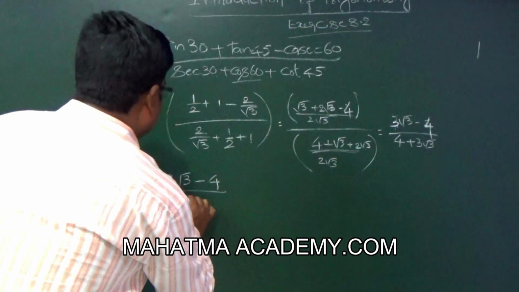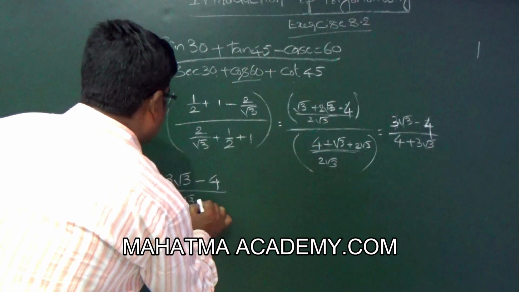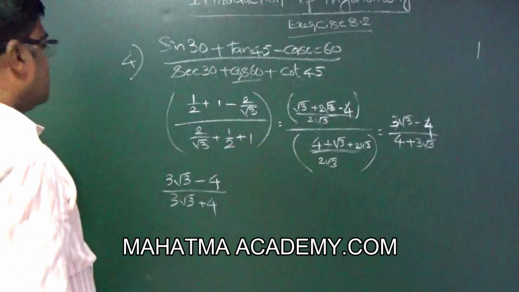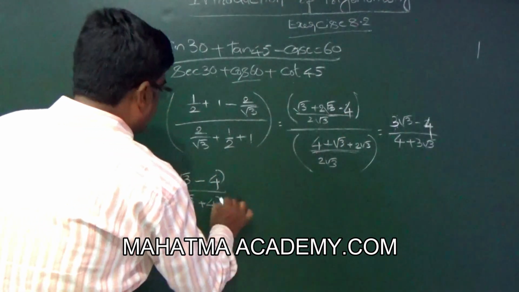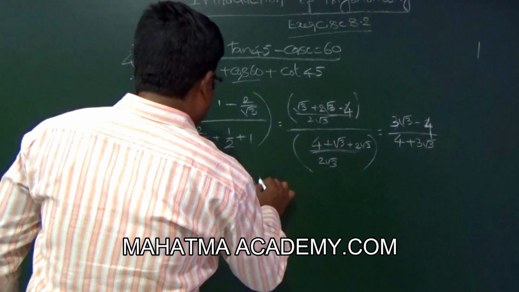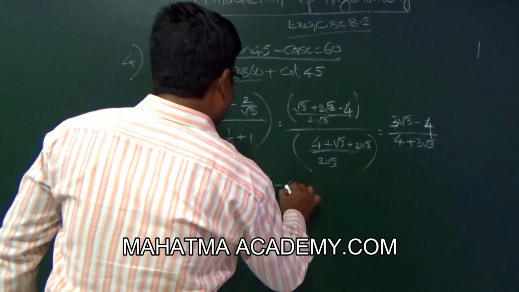Multiply numerator and denominator by 3 root 3 minus 4.